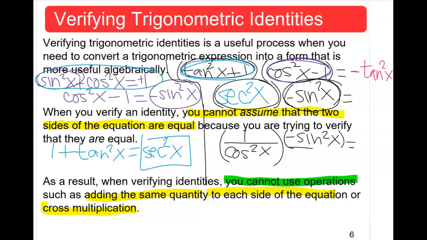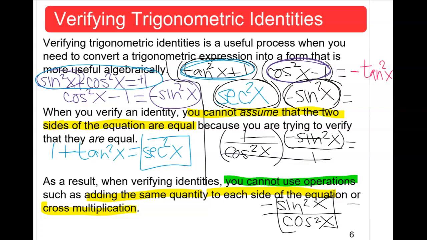Okay, now if I multiply those two fractions, numerator times numerator, denominator times denominator, I will get negative. So 1 times negative sine square x, I will get negative sine square x. And then cosine square x times 1 will be cosine square x. And finally, if you recall from the quotient identity, the ratio that we have here is equal to tangent square x.